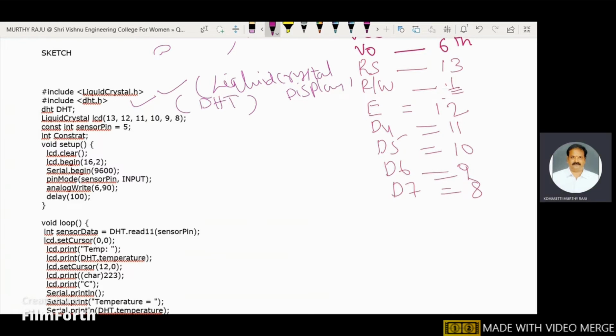Some objects are declared here: DHT dht. The LiquidCrystal lcd function is used to connect the LCD pins with the Arduino pins. These 13, 12, 11, 10, 9, 8 are the Arduino pins.